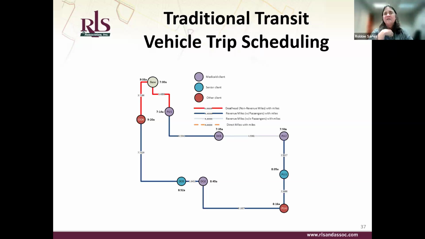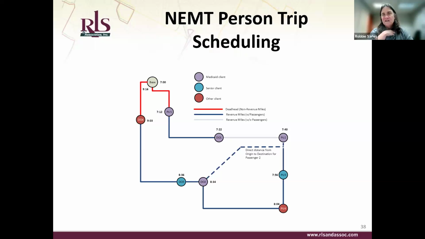So this graphic depicts how the formula or the model works, and that even though the vehicle still may go the path that we just described, that's not how CMS would be charged for the trip. CMS would be charged based on the direct distance from that origin to that destination.